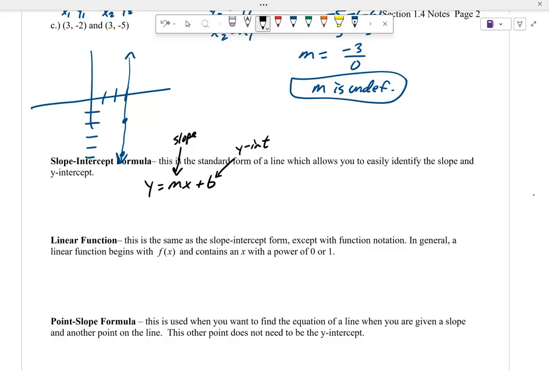So y equals mx plus b. Well, if you use function notation, f of x we know is a nickname for y, it would just be f of x equals mx plus b. All right? It's a linear function. Linear meaning the degree of x is 1. It's x to the 1 power. This is a linear function. A line is a linear function.